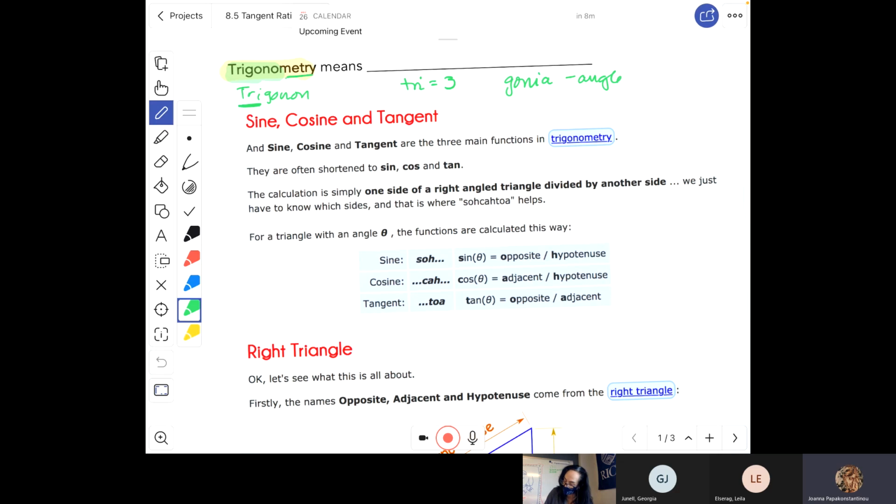And then this metri comes from the Greek word metron, which is measure. So if I put that all together, that word means literally 3 angle measures. So 3 angles should make you think of triangle measure or measurement. So trigonometry is really the study of triangle, the 3 angle measures.